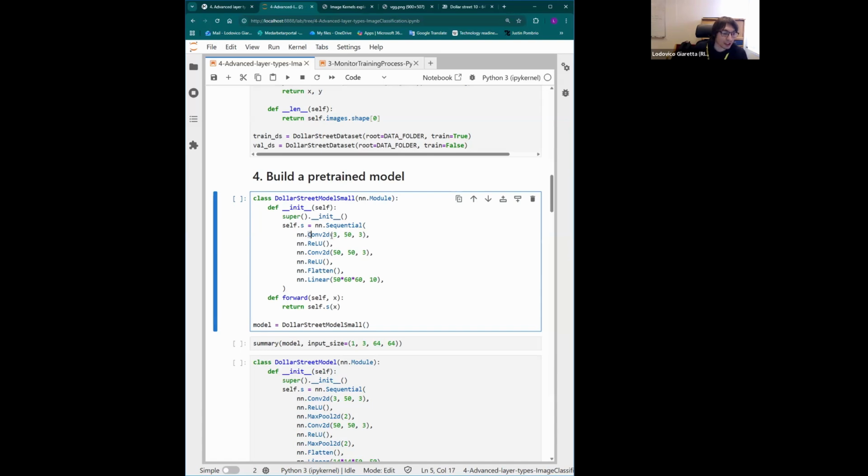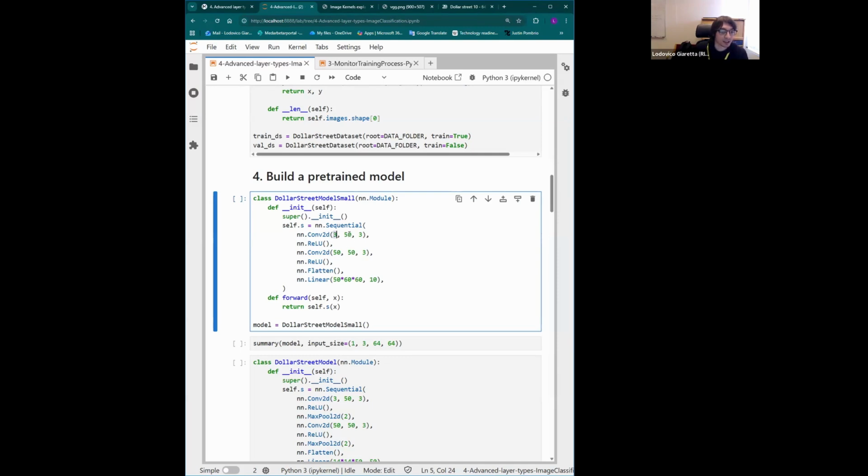So what we're saying here in the conv2d is that our images have three input channels, as they are called, which means three colors, red, green, and blue, three components for every pixel.